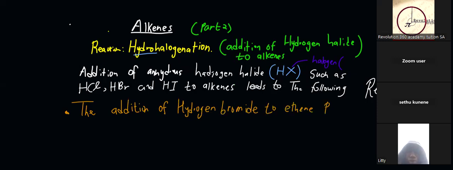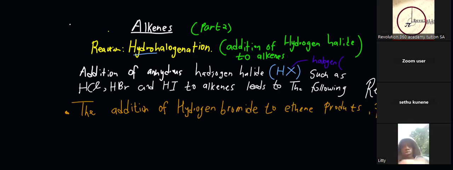Each and every time you add hydrogen bromide to ethene, it produces what? We're all going to know that it will produce bromoethane.